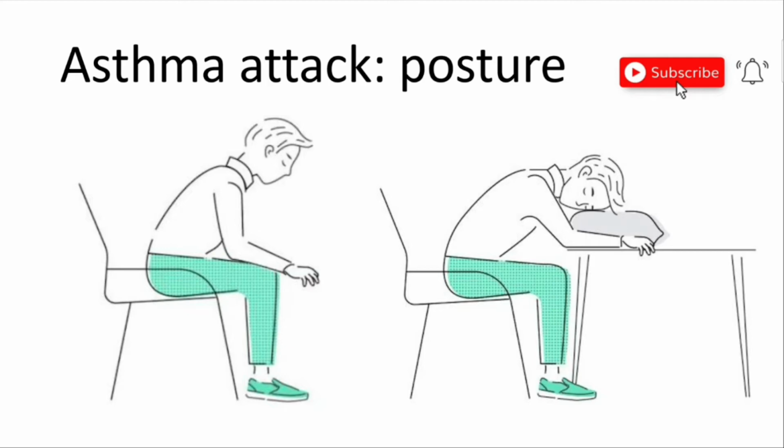Next is the posture of the patient during an asthmatic attack. During an asthmatic attack, characterized by breathlessness or difficulty in breathing, the patient is most comfortable sitting up, leaning forward, and fixing the arms on the bed or table.